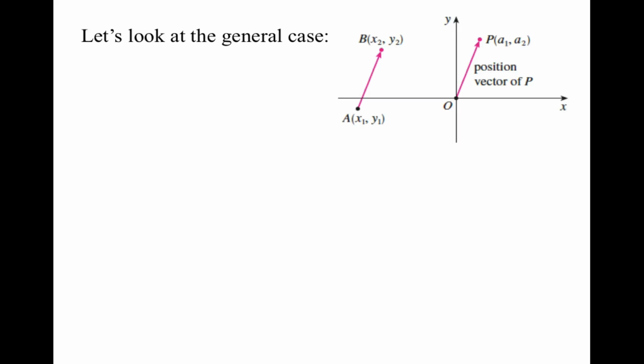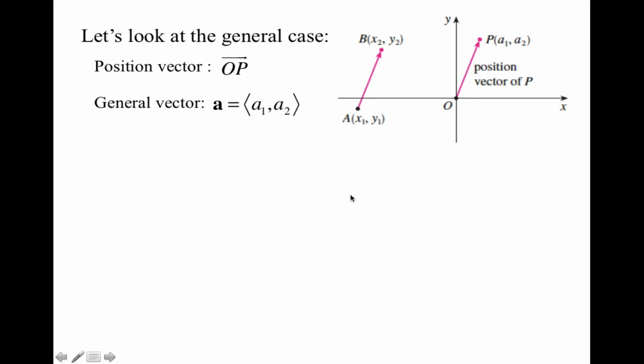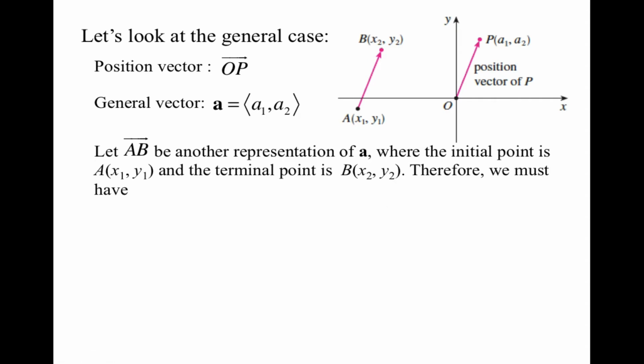So let's look at a general case. We have our position vector, OP, and that means our general vector A is given by a sub 1, a sub 2. We're going to let ray AB be another representation of vector A, where the initial point is A, which is x1, y1, and the terminal point B is x sub 2, y sub 2.